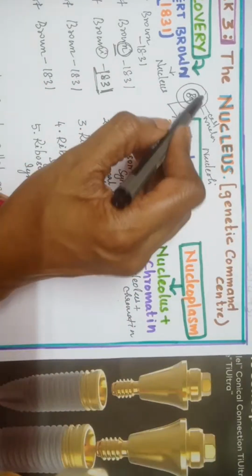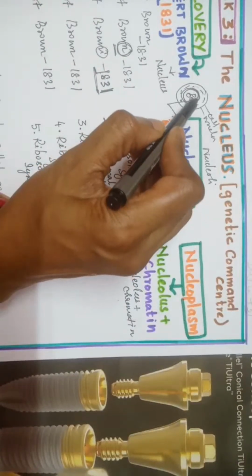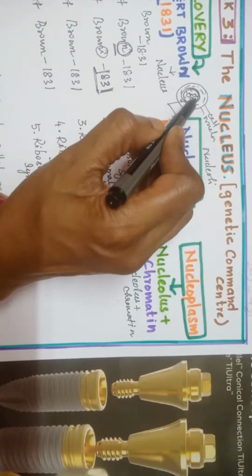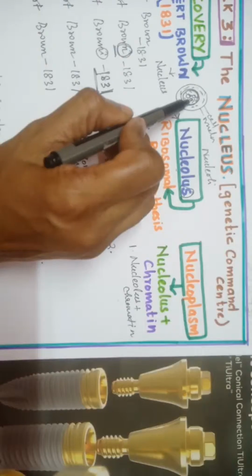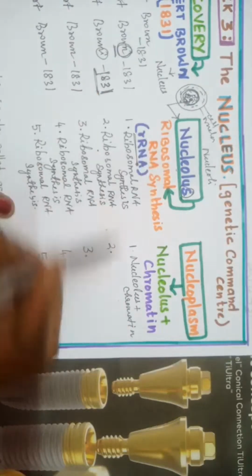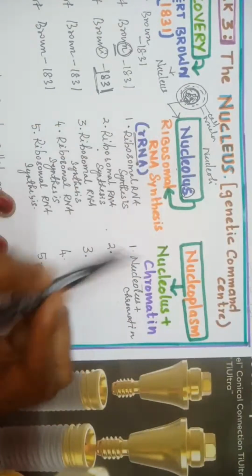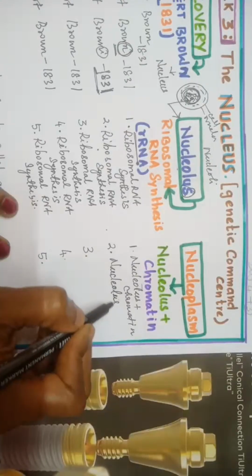Nucleoplasm means, you have cytoplasm, right? The fluid-like matrix. So inside the nucleus, you have some fluid-like portion. You call it nucleoplasm. This nucleoplasm contains the nucleolus and the nucleoprotein fibers. They are called the chromatin. So nucleoplasm contains nucleolus plus chromatin.